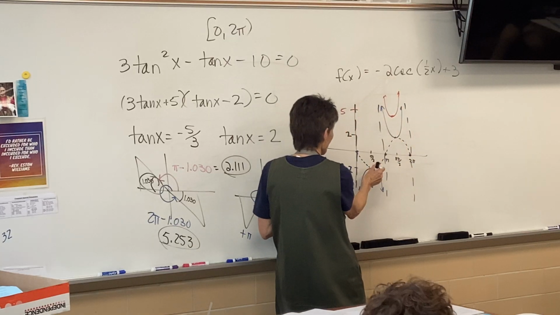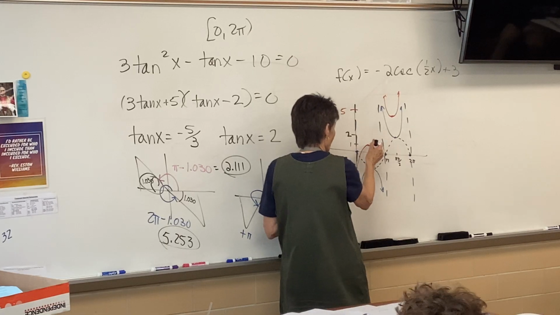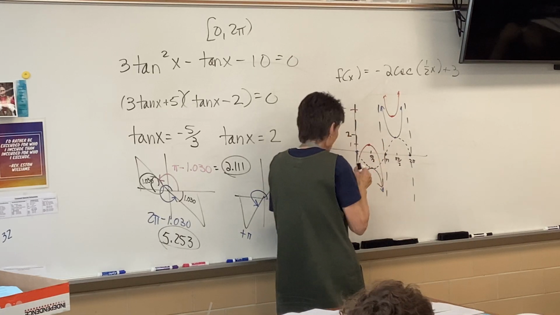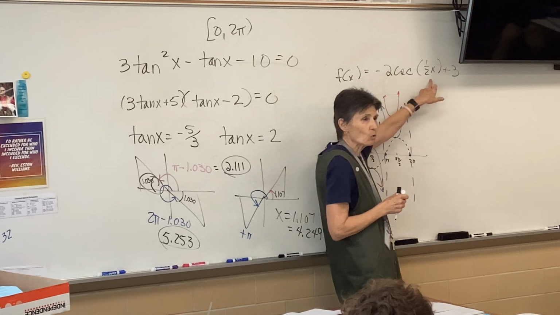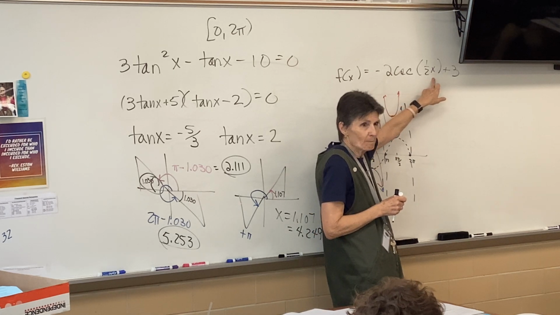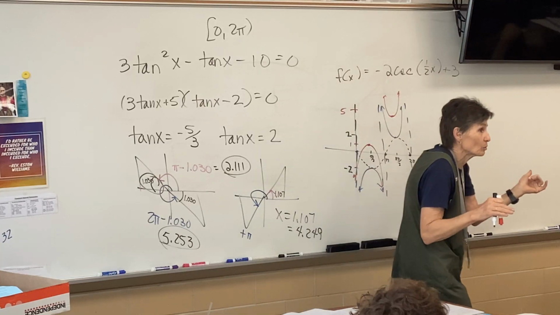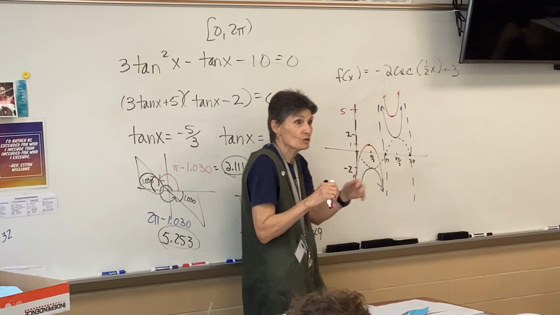And instead of this point being at -2, it's now going to be at 1. Now notice, I'm kind of ignoring that, because what's that going to impact? The asymptotes, which will have nothing to do with the range, right? Nothing to do with the range.